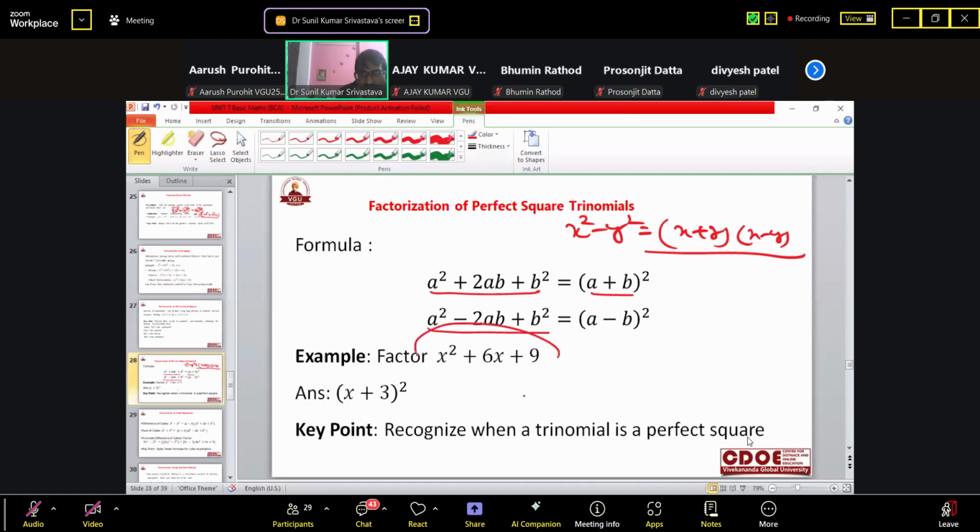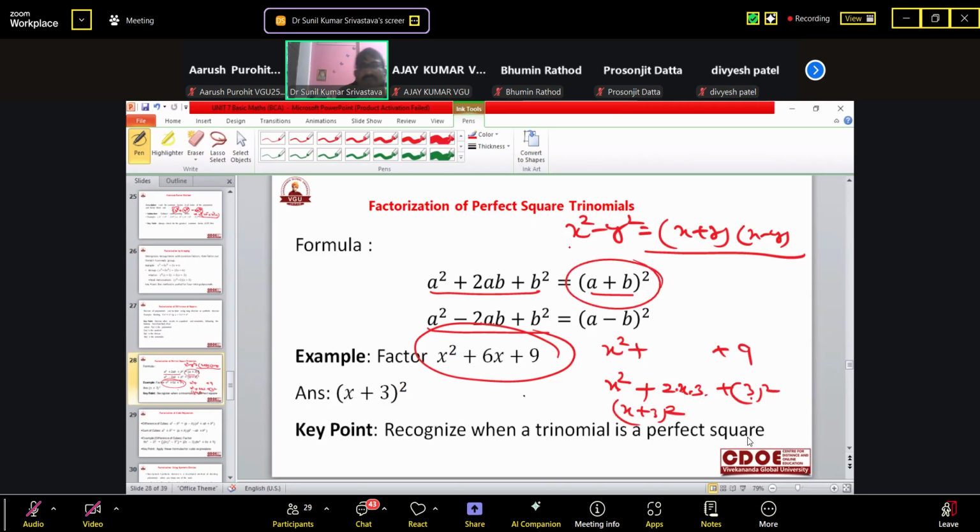Suppose you are going to find the factors of x square plus 6x plus 9. So x square and 9 can be written as 3 square, and the middle term can be written as 2 into x into 3. So here, a square plus b square plus 2ab means x plus 3 whole square, that is a plus b whole square.